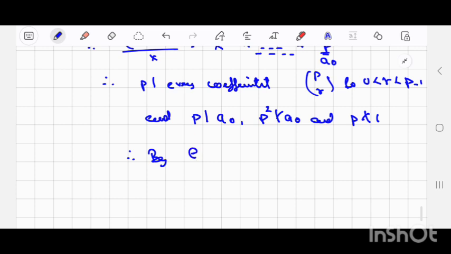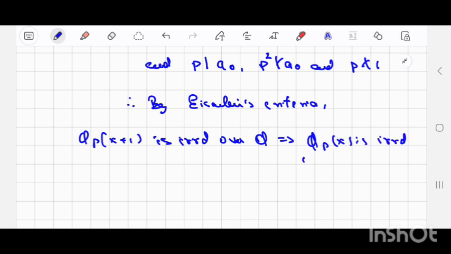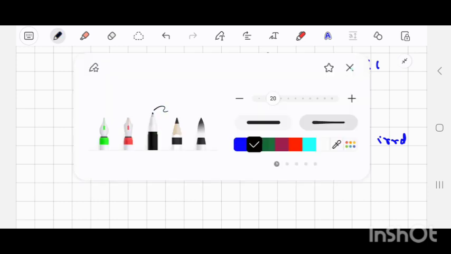Therefore by Eisenstein's criterion, phi p of x plus 1 is irreducible over Q, which implies that phi p of x is irreducible over Q. Is it clear?